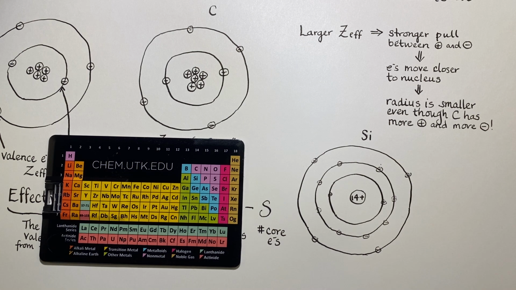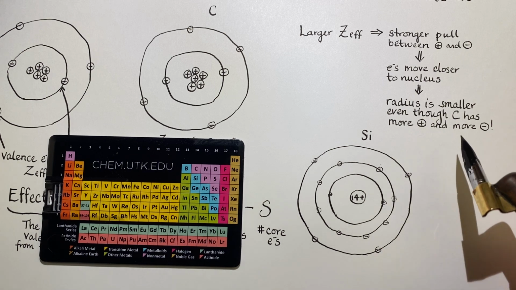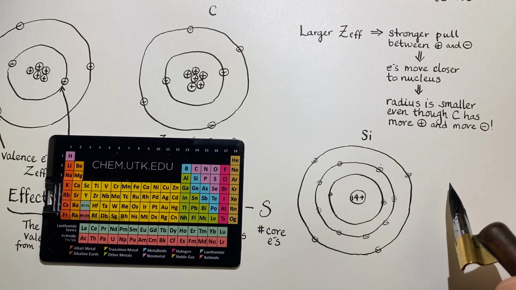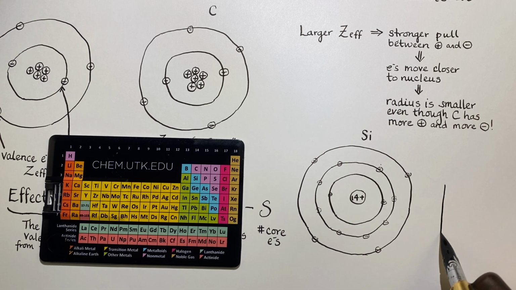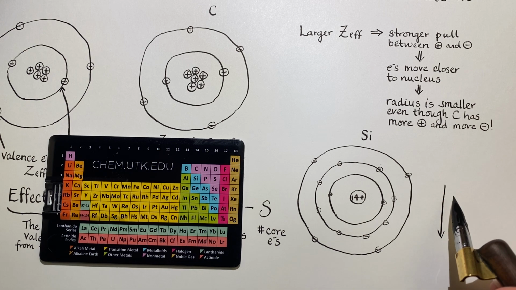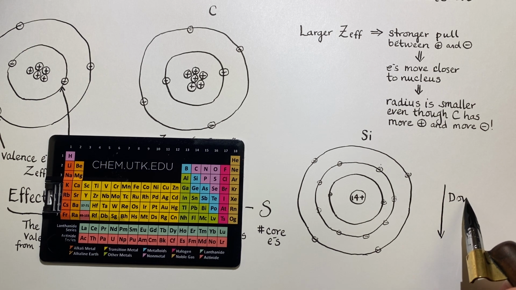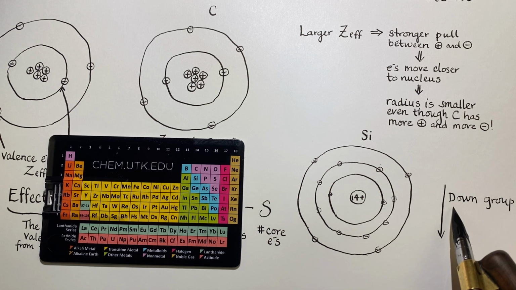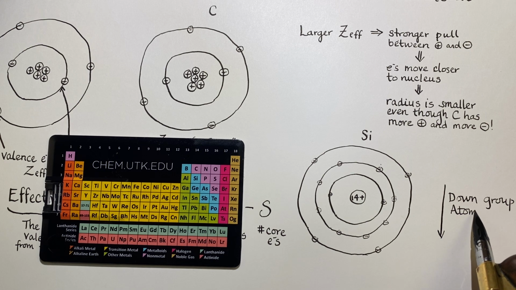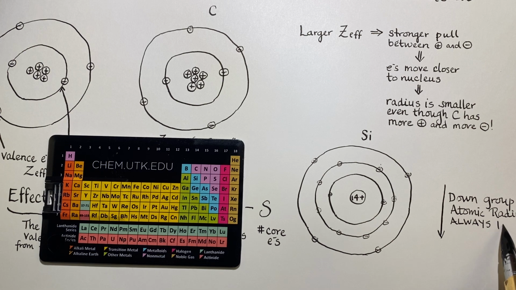Okay. So, our overall trend, and I love this because there's no exceptions to this, is that if we go down a group, atomic radius is always larger.